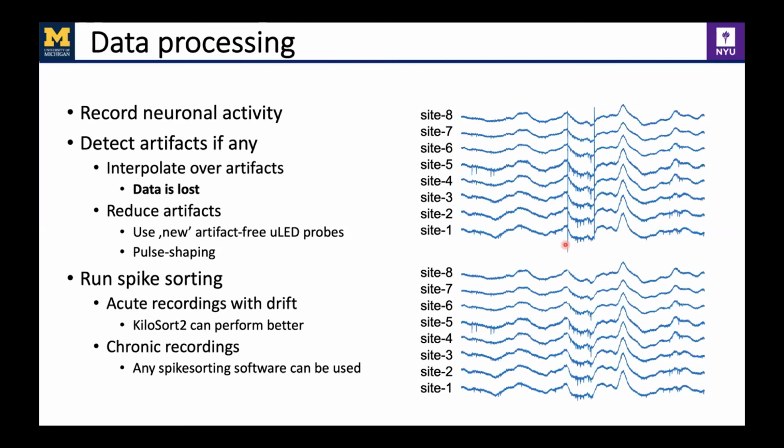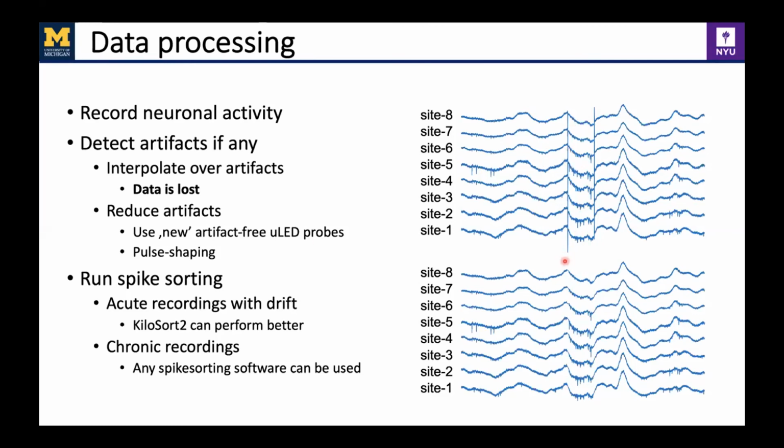With this procedure, we will lose data, but the quality of the spike sorting will be much, much better. Even if you see such an artifact, you have some ways to reduce it. Again, the new artifact-free micro-LED probes don't have this issue, but you could also use pulse shaping.